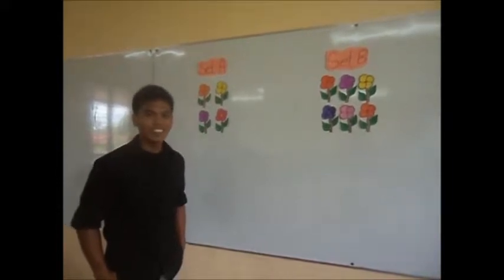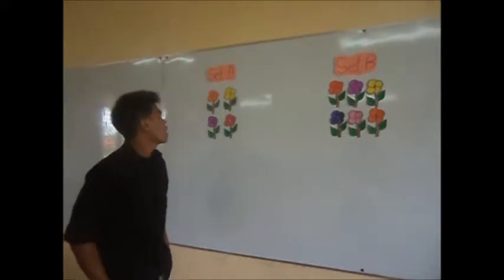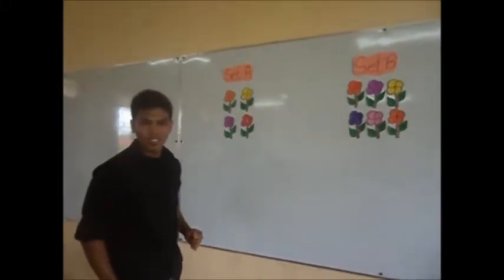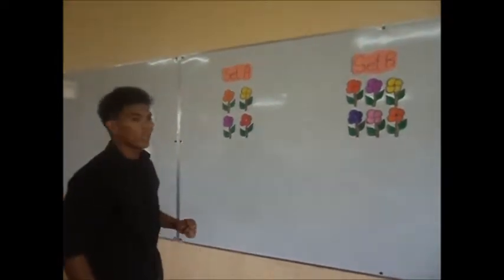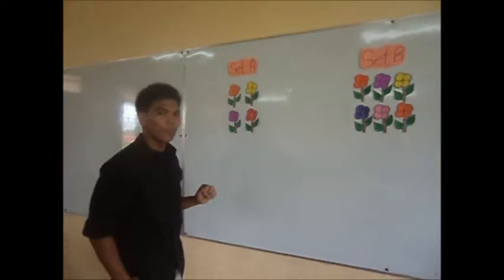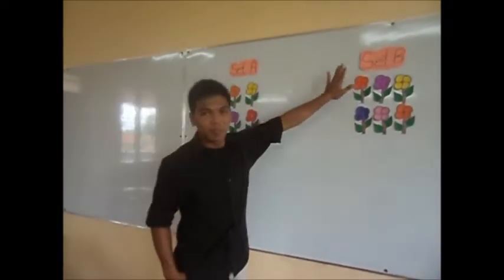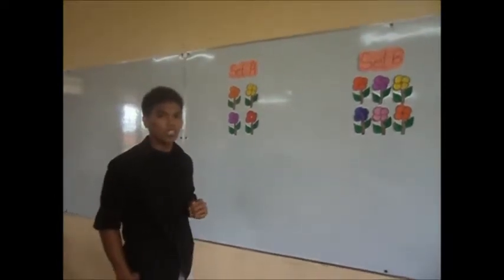Hello, children. Let us proceed to our last example. What are these, children? Flowers. You're right. Very good. We have 2 sets of flowers. The set A and the set B. Now, can you count with me, children?